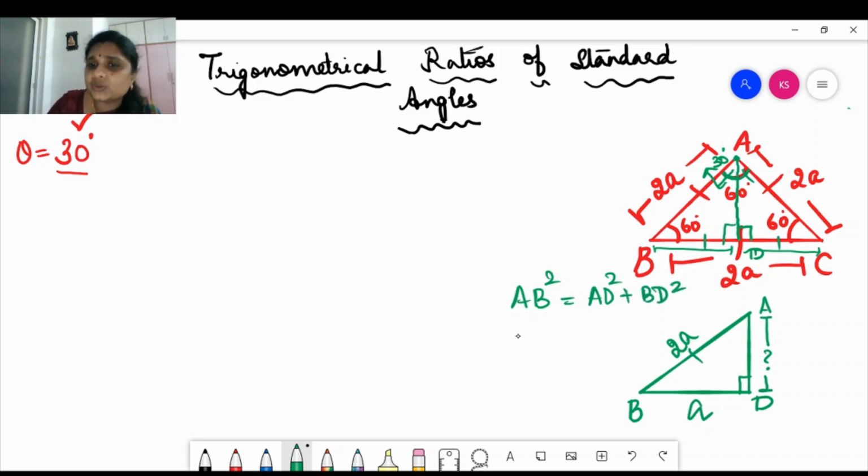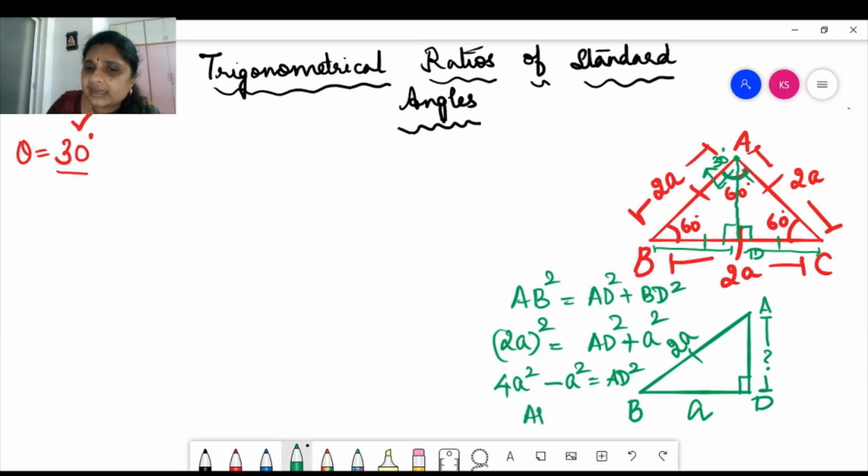Now, AB, we have taken it as 2A. So the whole square is going to be AD square plus BD square, which is A square. So 4A square minus this A square is going to give me the measure of AD square. I'm transposing this A square to the other side. So my AD square is going to be 3A square.